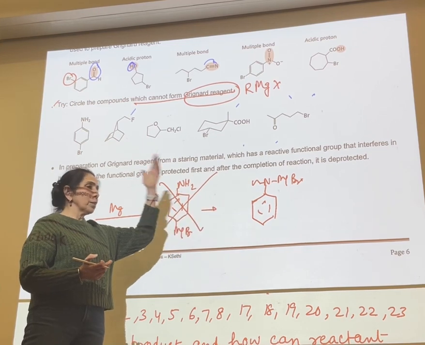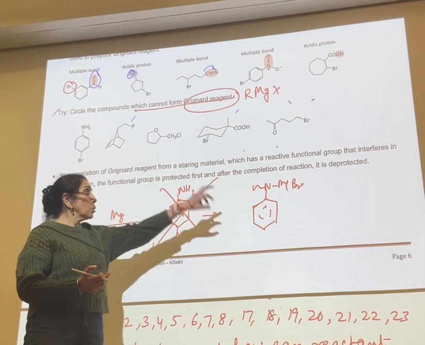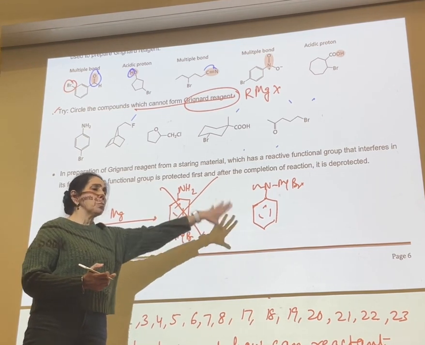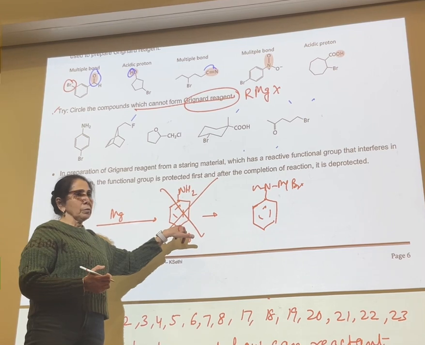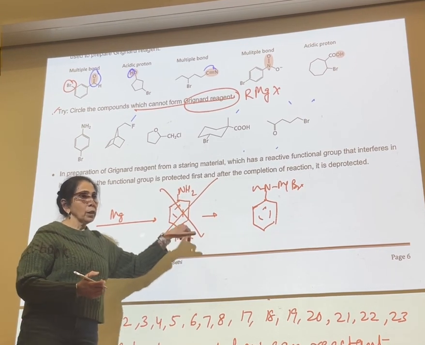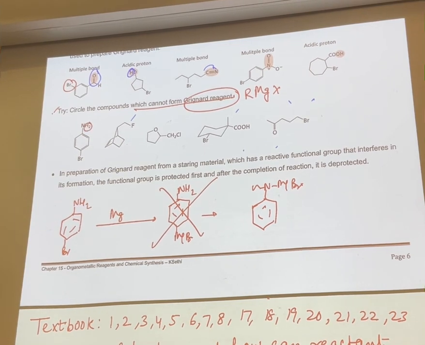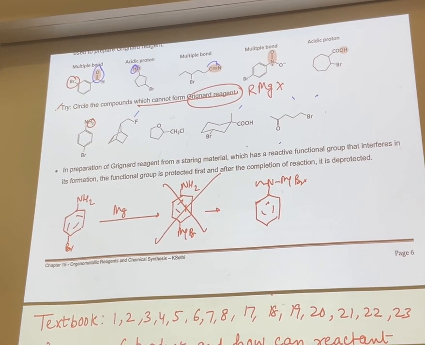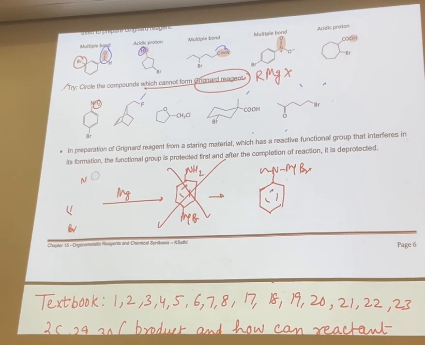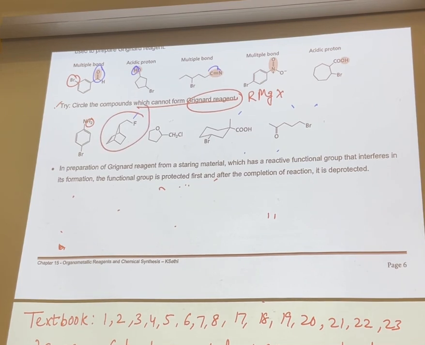So I said, acidic hydrogen is really messing up the story. This was not the only product; there were many other products in the reaction mixture, because this was so basic. So the reasoning is, whenever you see an acidic proton, it's not a good idea to make a Grignard reagent.